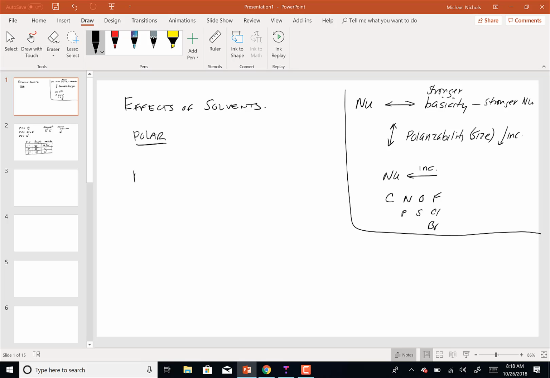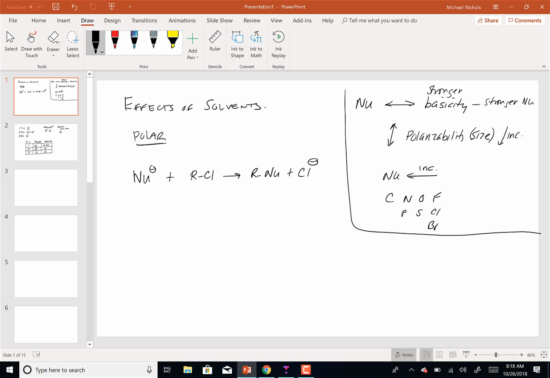Because the reaction I'm going to do is I'm going to take a nucleophile, react it with an alkyl halide, and form the carbon-nucleophile bond, and at best kick off the leaving group. So this has to be a polar solvent in order to solvate the negative ions, and to solvate the carbocation intermediate.